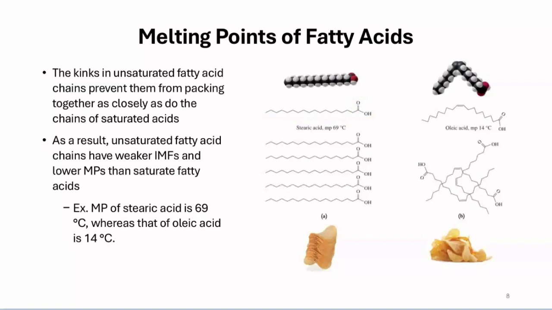And that is true also of the monounsaturated fatty acids. Now, even though London dispersion forces are present in these molecules, one of the things that happens within these structures is the ability for these London dispersion forces to actually interact with one another.